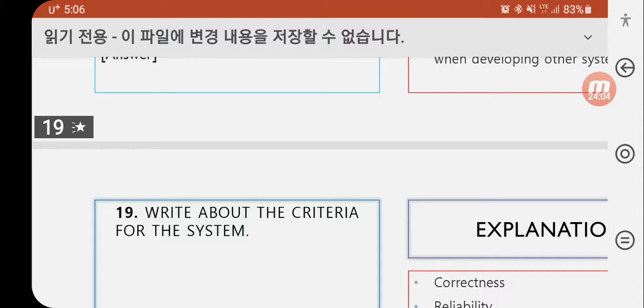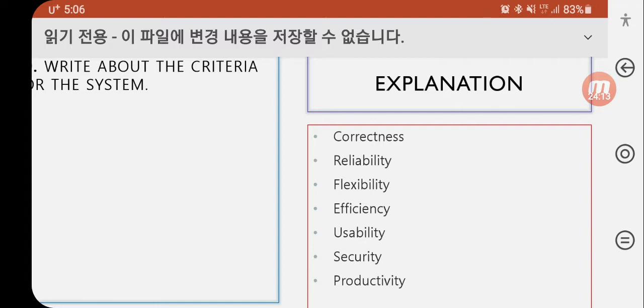I explained before. One is correctness and reliability, flexibility, efficiency, usability, security, productivity. All 7 criteria.